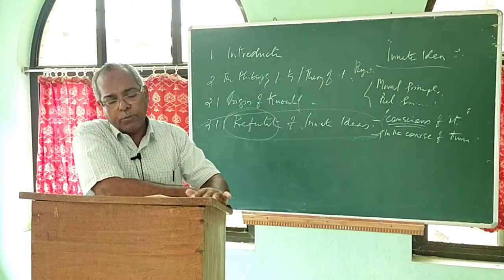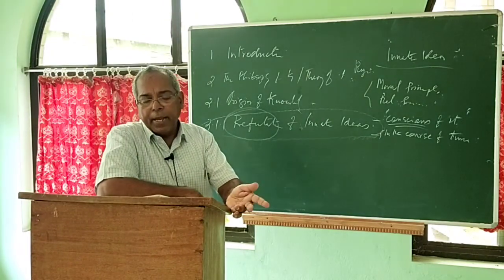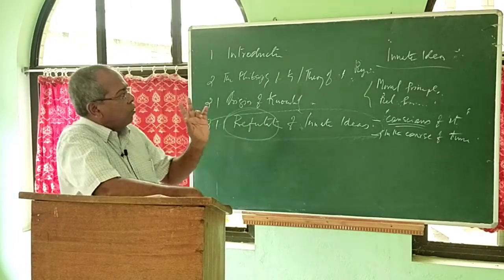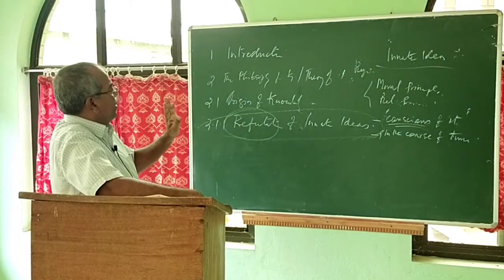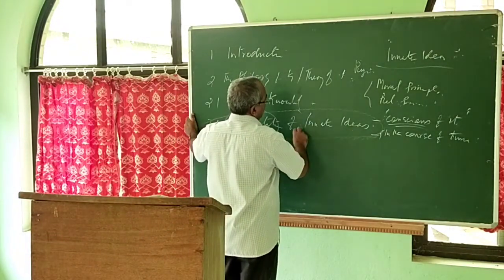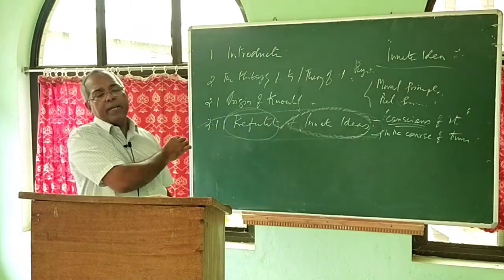Clear? All right. So, ideas may be universal without being innate. Okay, don't worry about all those things. Remember only two things. Empiricism refutes innate ideas. What are innate ideas for him?